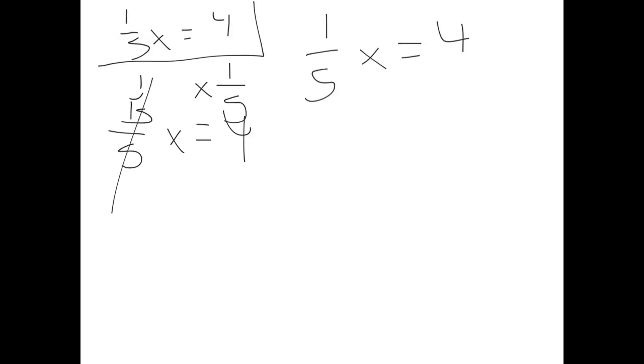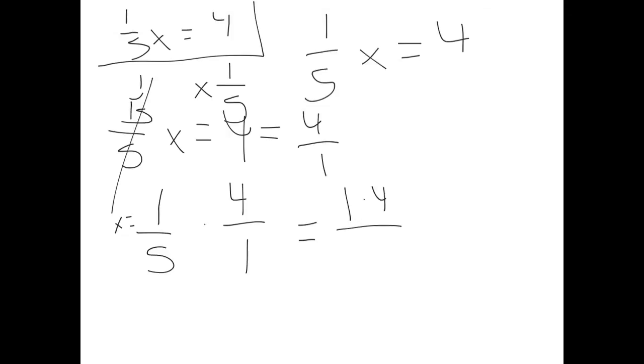Now we must rewrite the 4 whole number as a fraction. 1 over 5 times 4 over 1 equals 1 times 4 over 5 times 1, which we cannot take anything from these numbers, which will become 4 over 5.